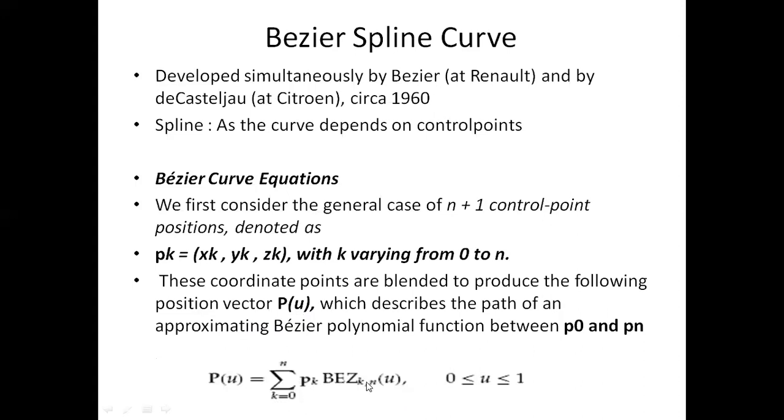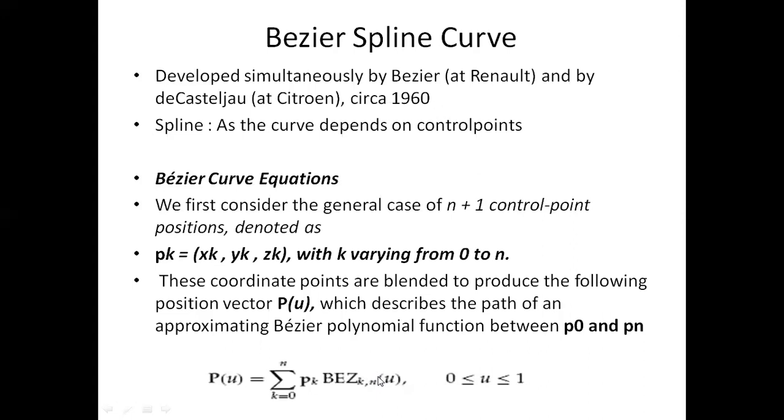This is called the blending function. Blending function means it gives the smoothness, or the curve shape, and that completely depends on this. This gives the complete smoothness or continuity of the curve.